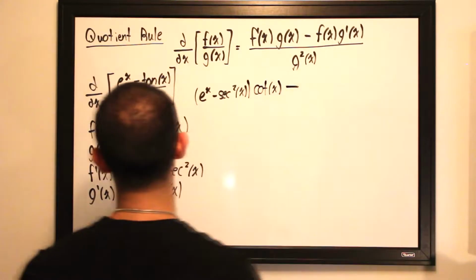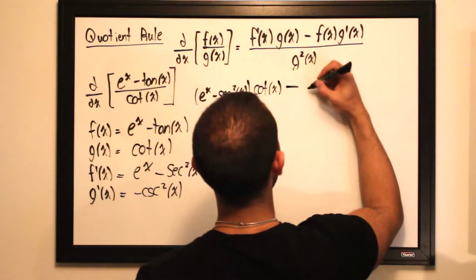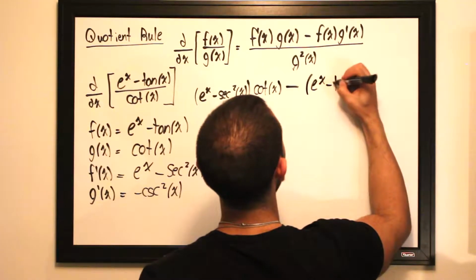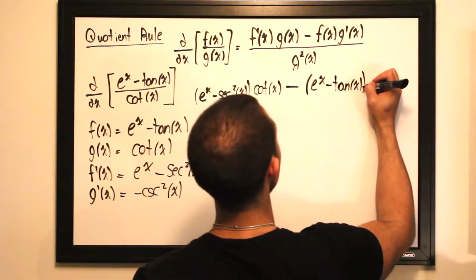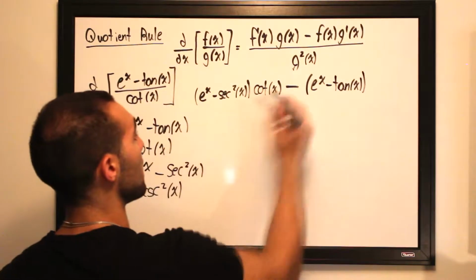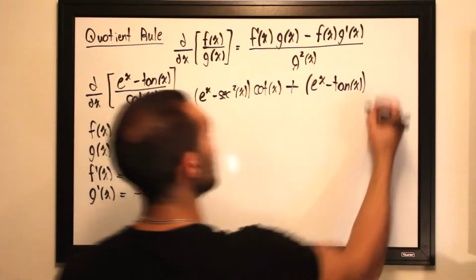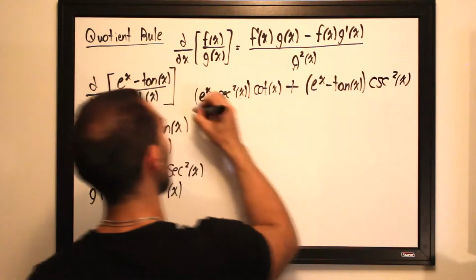Then we subtract off our f times our g prime, which is e to the x minus tangent of x times negative cosecant squared of x. Now this negative sign and this negative sign are going to cancel each other out, so we can simply make this a plus, and we'll be left with cosecant squared of x in the numerator.